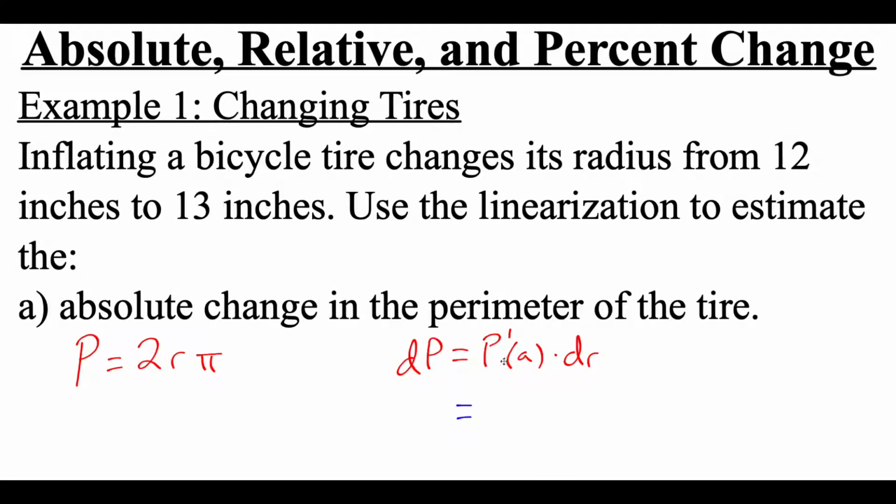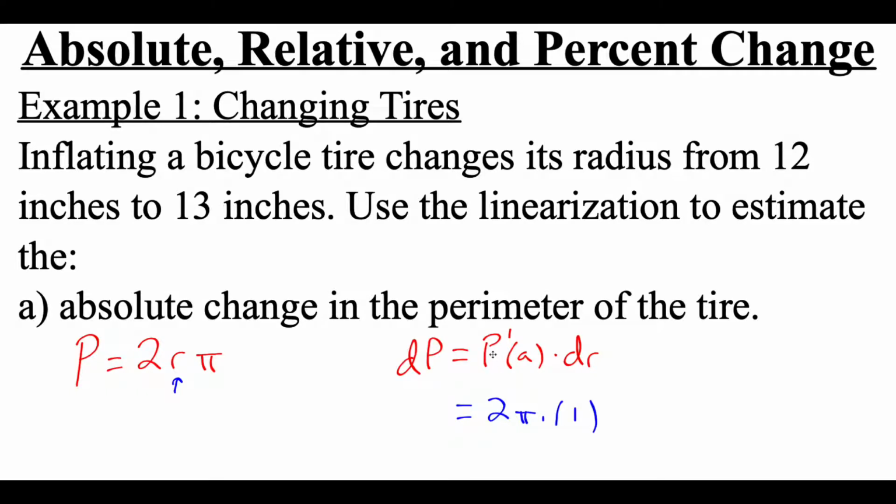If we look at finding the derivative of that perimeter function, r is our variable. The 2 and the pi are constants. So if we differentiate, we end up with 2 pi, but then we also want to multiply by the change in the radius. We started at 12 inches and moved up to 13 inches, so the change in the radius is 1 inch.